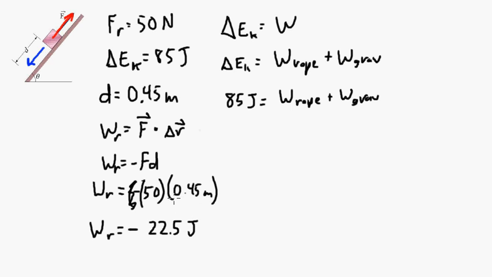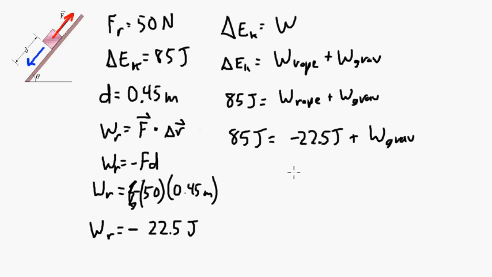Now, here's the thing. This 85 joules equals the negative 22.5 joules plus work done by gravity. But they're asking how much more would the block's kinetic energy have been. Well, we can solve this.